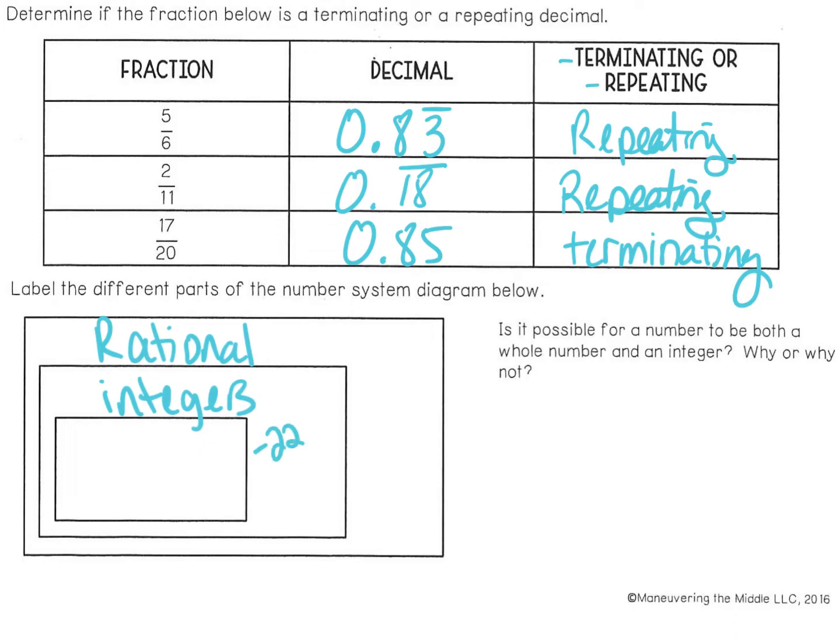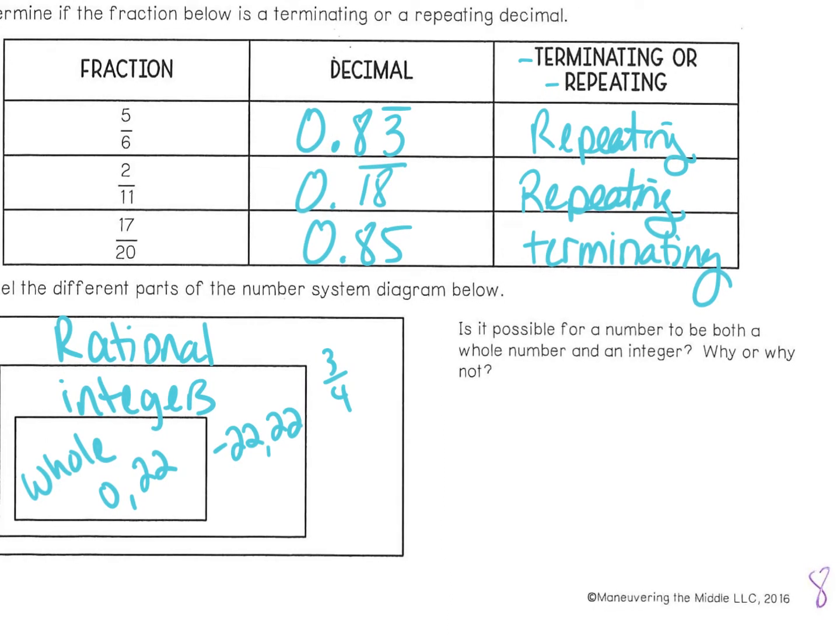So our negative 22 and our positive 22. Okay, rationals are all the numbers, which excludes irrational, which we'll come back to. So rationals could be like 3/4. It does include negative 22 and positive 22. And then integers within that is what we call whole numbers. Our whole numbers start at 0, but then they include all of the positive numbers of the integers. So rationals include integers, which include whole numbers. So all of these are rational.